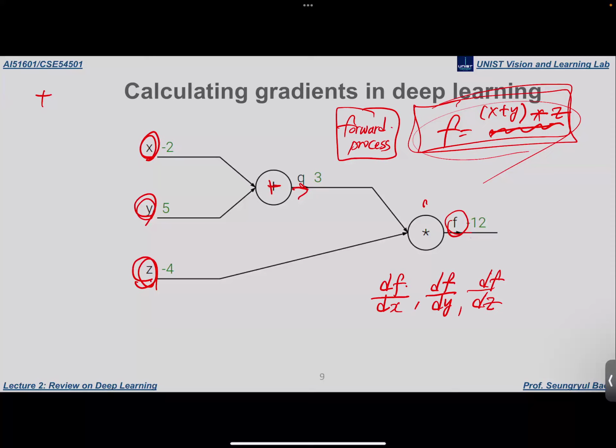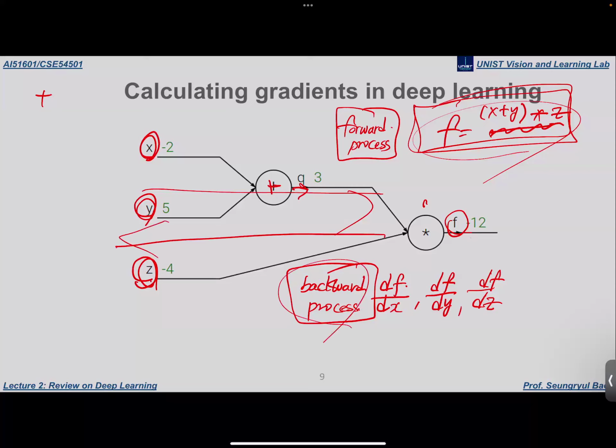And we call this the backward process. In the forward process, we normally process from left to right, right? But in backward, we have to somehow process things from right to left, so it's called the backward process, okay? Given these, I will show you how a computer calculates these three gradients.